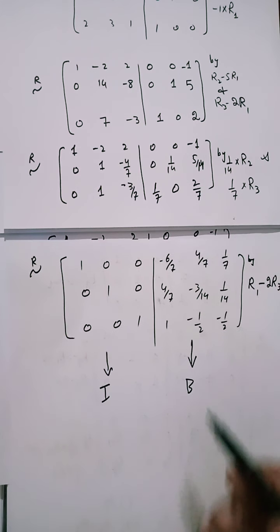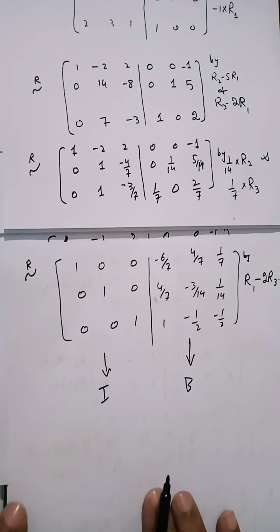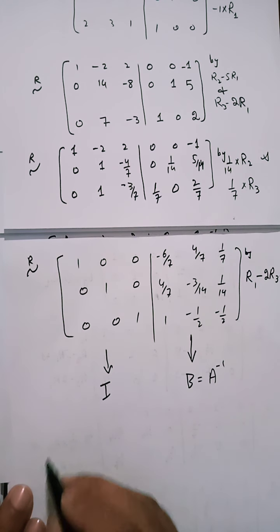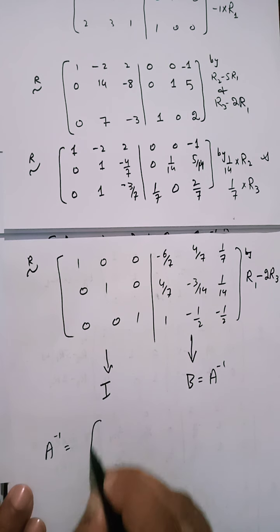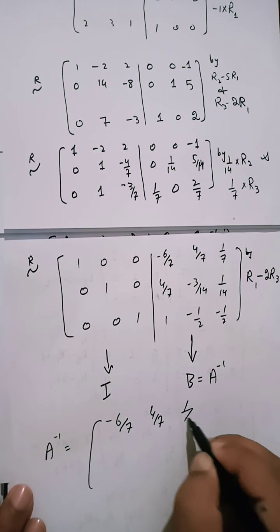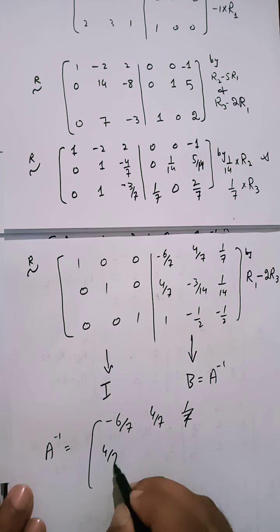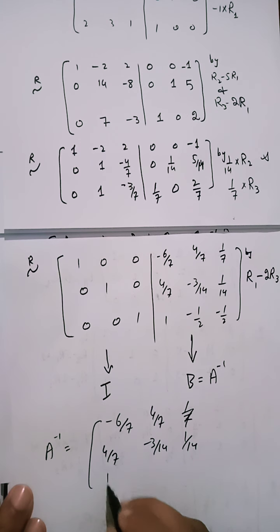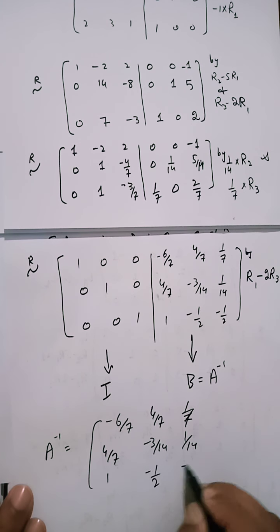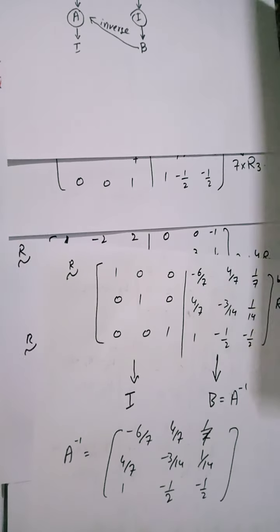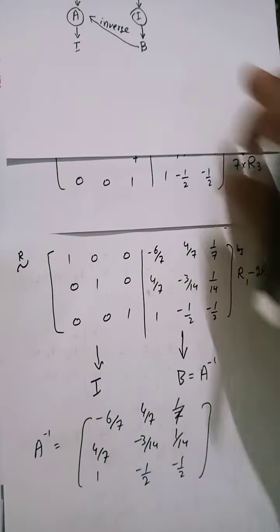So this matrix B is the inverse of the given matrix A. So this B will be denoted by A raised to minus 1, meaning inverse of A, and that is equal to minus 6 by 7, 4 by 7, 1 by 7, 4 by 7 minus 3 by 14, 1 by 14, 1 minus 1 by 2 minus 1 by 2. So this is the inverse of the matrix. You see it?